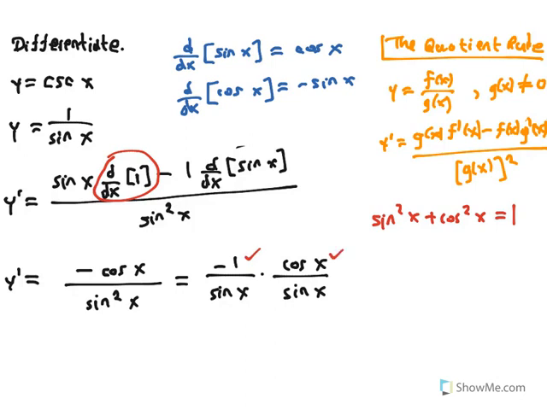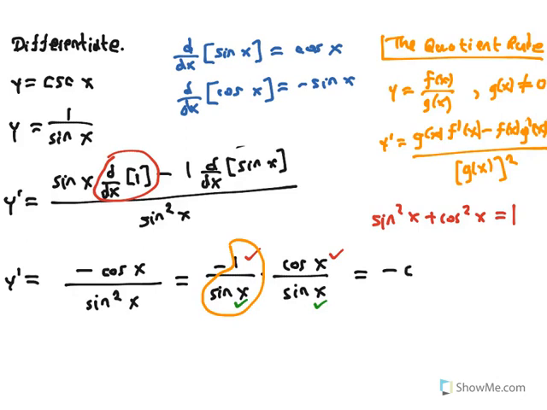You multiply the numerators, and that gives you negative cosine x. You multiply the denominators, and that gives you sine squared x. For the first fraction, you have a factor of negative 1 and then 1 over sine x, which is, of course, cosecant x.